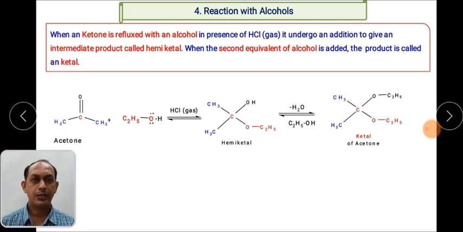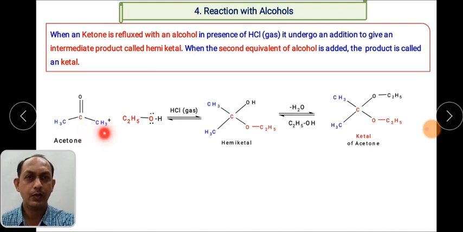Let us see the action of alcohols on ketones. Acetone is the ketone which gets added by alcohol in presence of HCl gas. They will form hemiketal, because we have started from the ketone. So the intermediate formed is called a hemiketal.